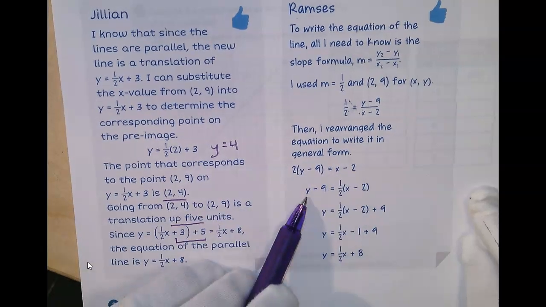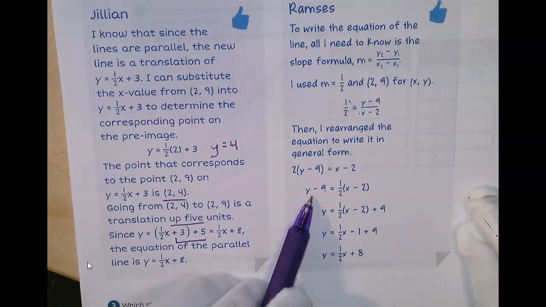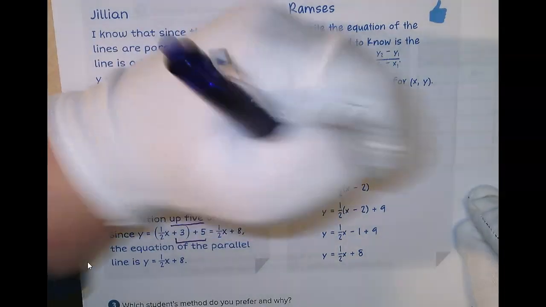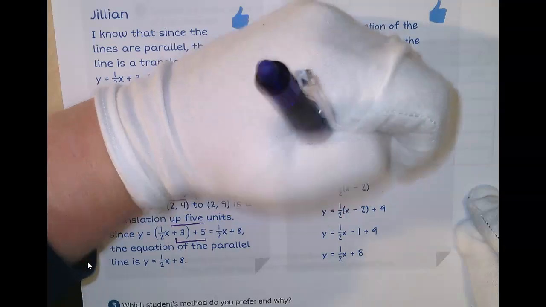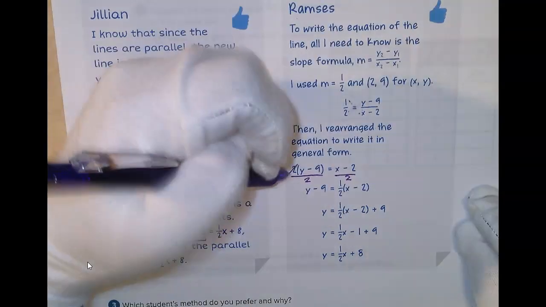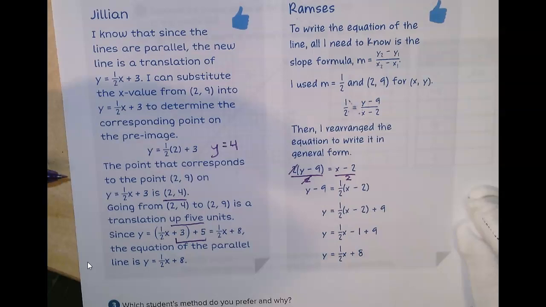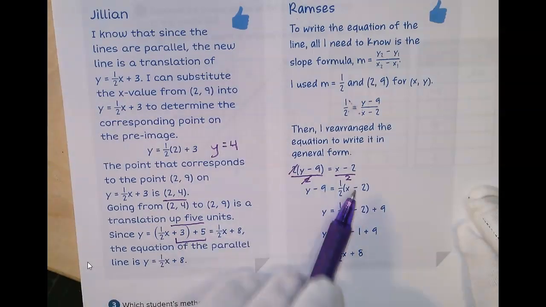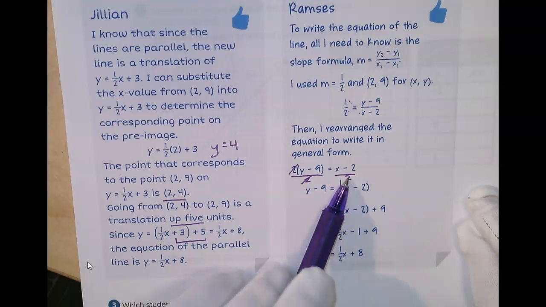And then it's simplifying. So the first thing he did is he divided both sides by 2. So when he divided this side by 2 and this side by 2, these two 2's became 1 and disappeared. So he has y minus 9. And then these things each got divided by 2 or multiplied by 1/2.